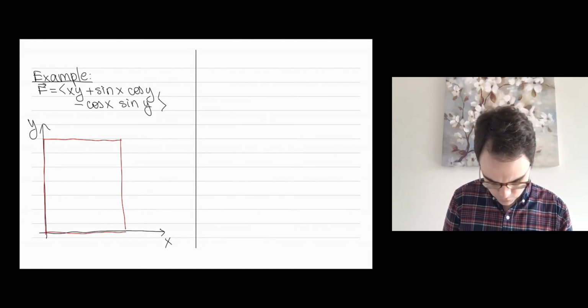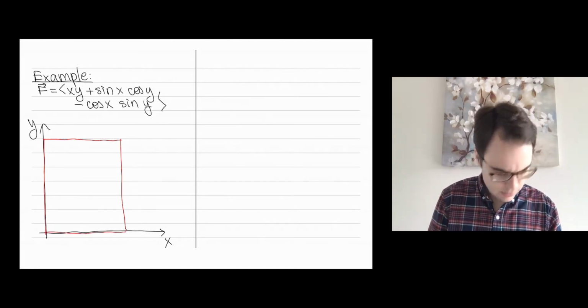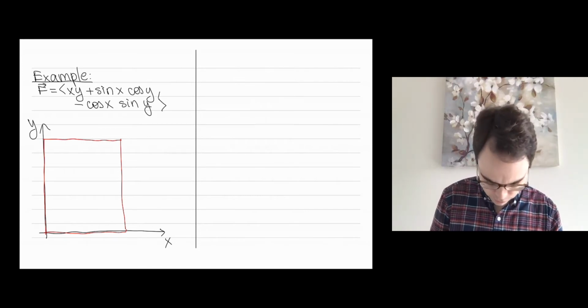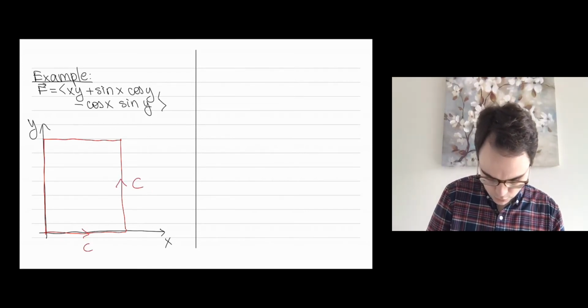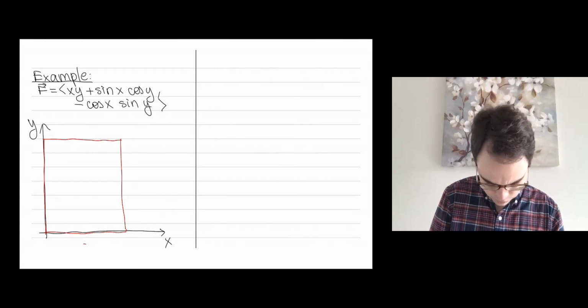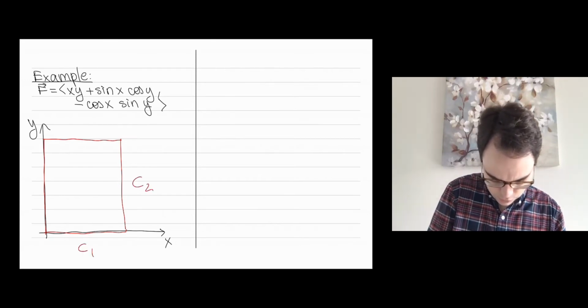Okay, so there's our rectangle, and so our curve has 4 sides. The orientations are not important here, so it's just C1, C2, C3, and C4.